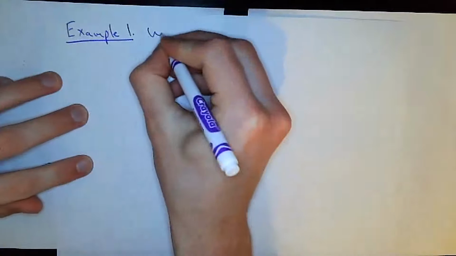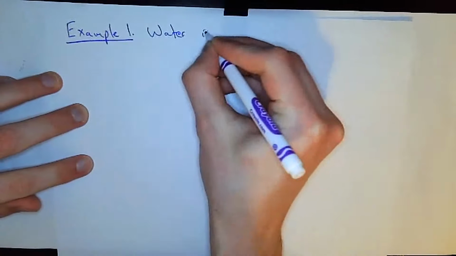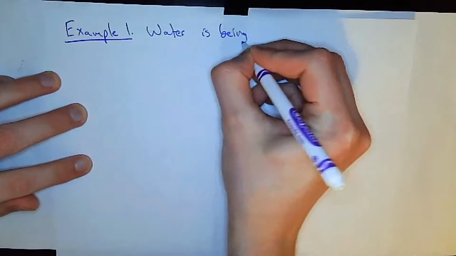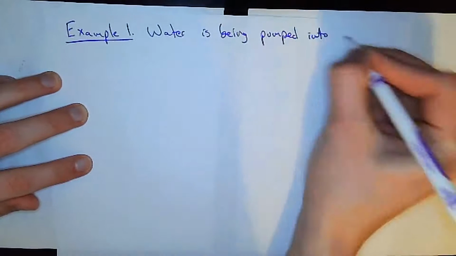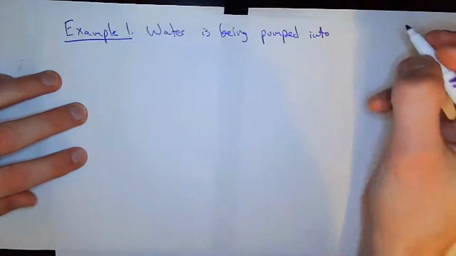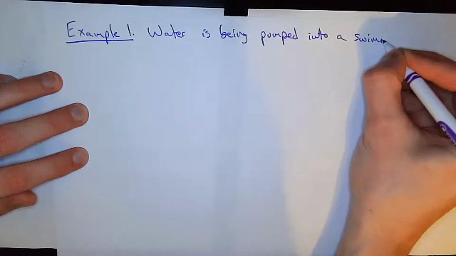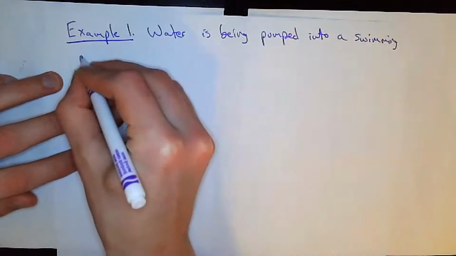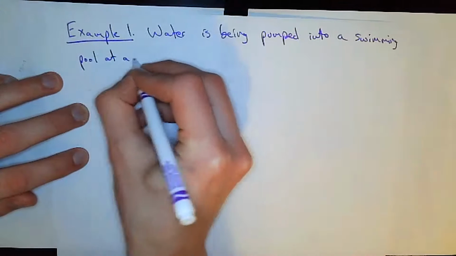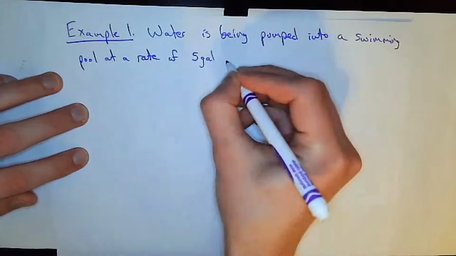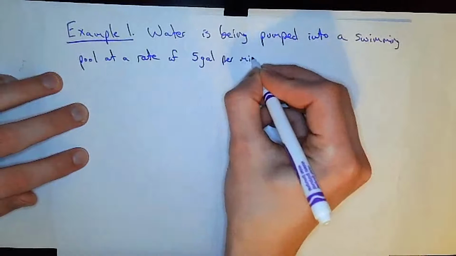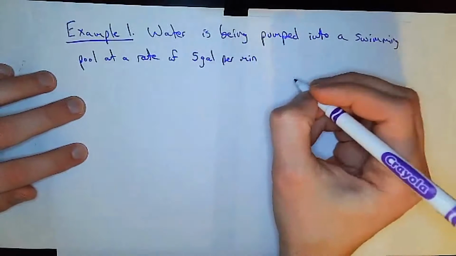So example 1, let's go straight for it. Water is being pumped into a swimming pool at a rate of 5 gallons per minute.